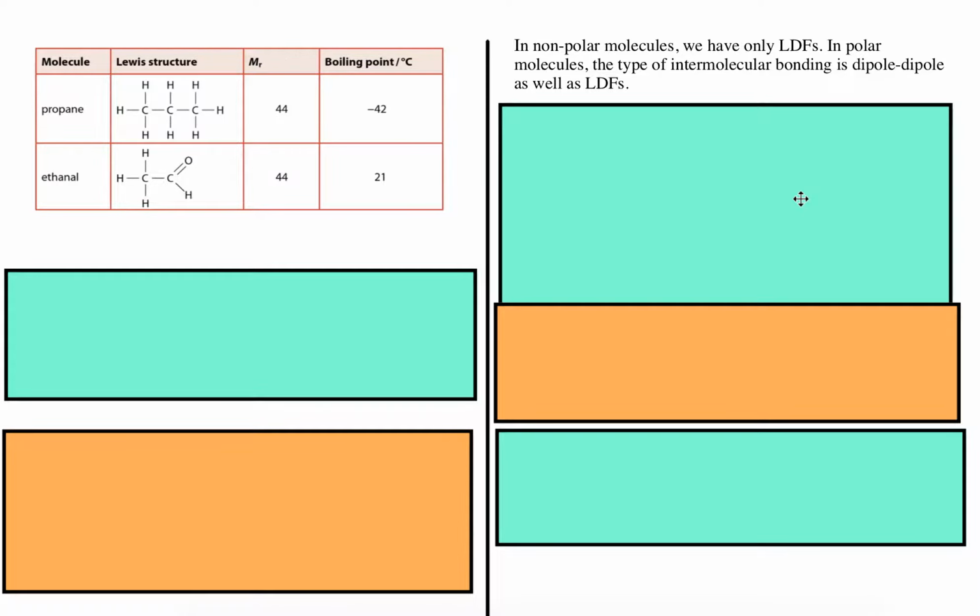They are the only intermolecular force present in nonpolar. But in polar, you have dipole-dipole interactions and your London dispersion forces. Sometimes this is called permanent dipole, because they are permanent, they don't go away.